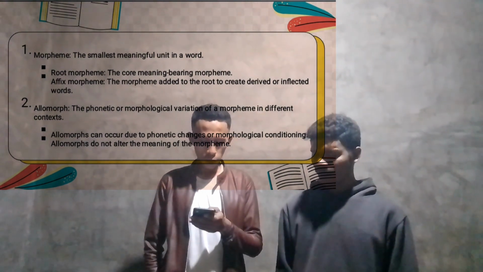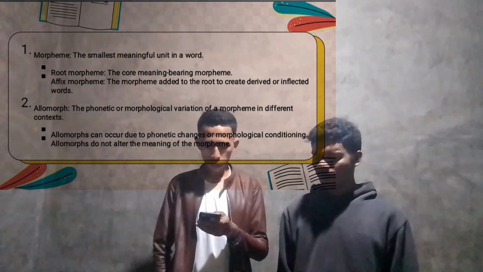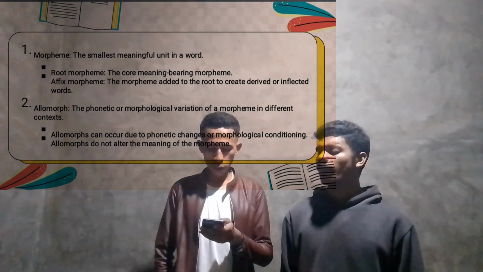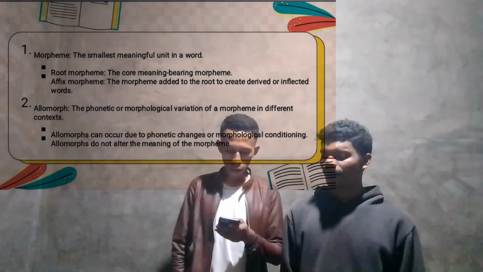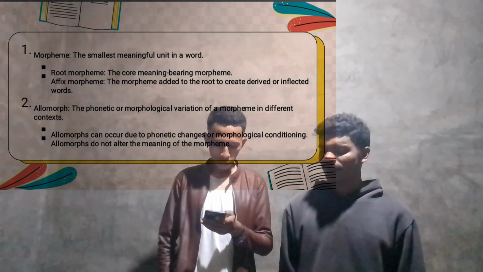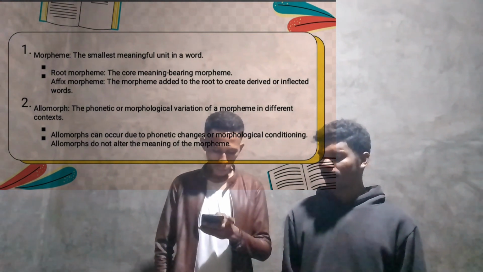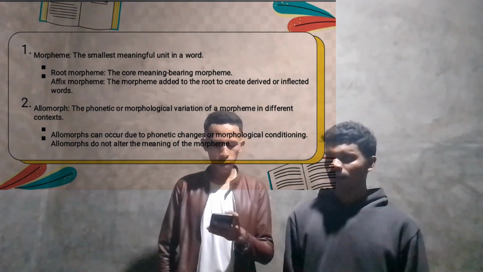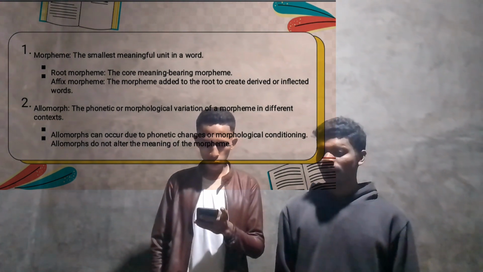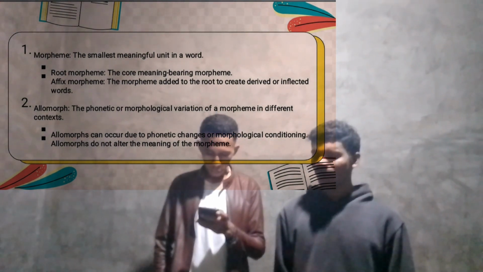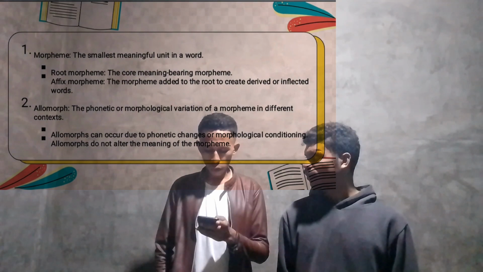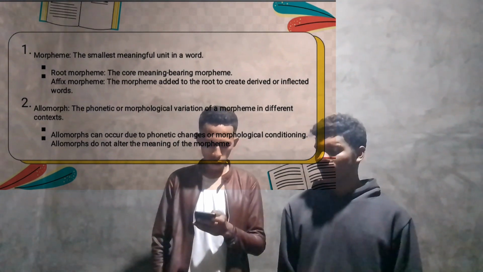Affix morpheme is the morpheme added to the root to create the effect on inflected words. And the second is allomorph. Allomorph is the phonetic or morphological variation of a morpheme in different contexts.